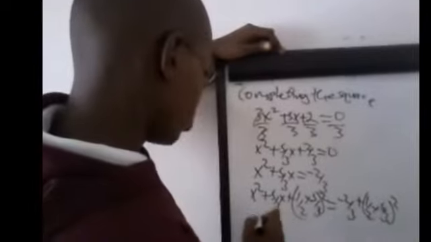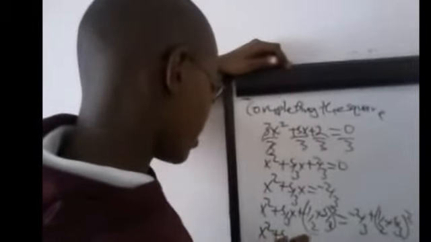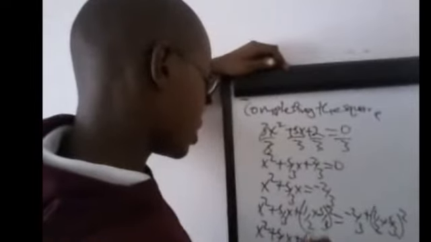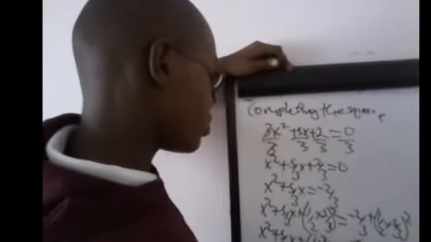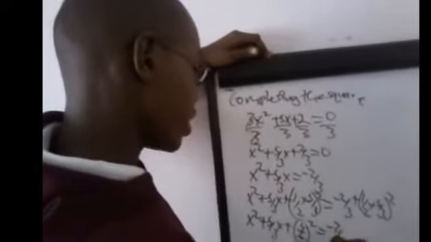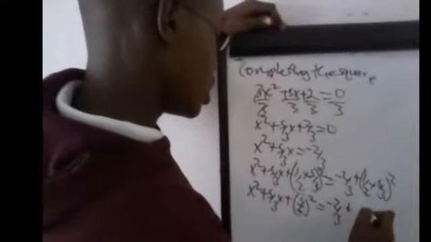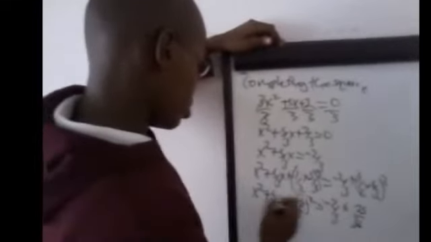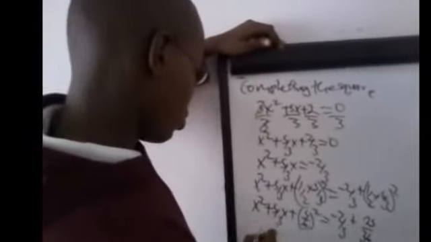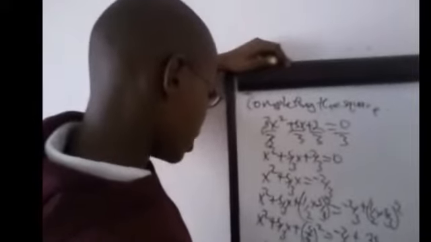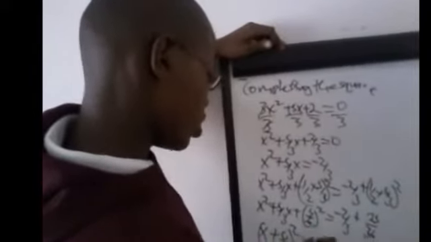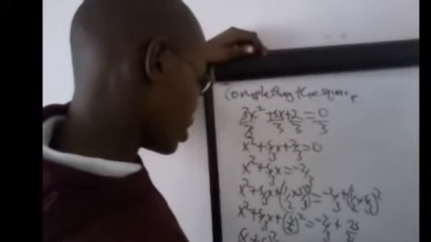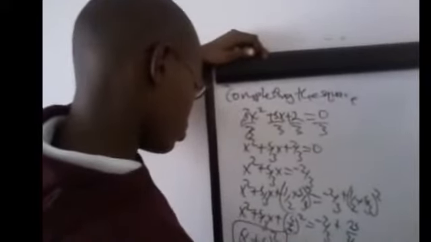So it will be x squared plus 5 over 3 x plus (5 over 6) squared equals minus 2 over 3 plus 25 over 36. So we take (x plus 5 over 6) squared equals minus 2 over 3 plus 25 over 36. We root both sides.